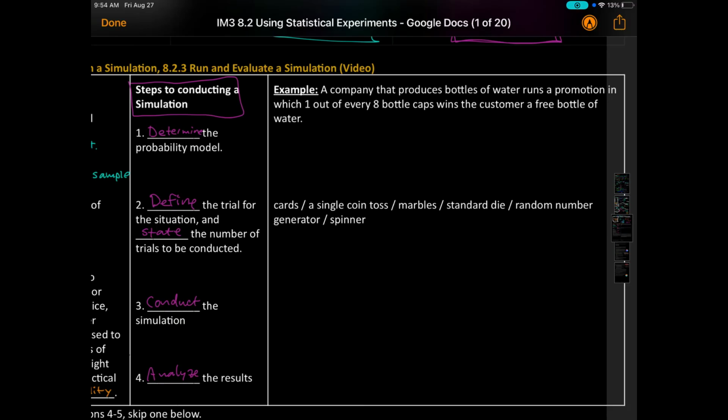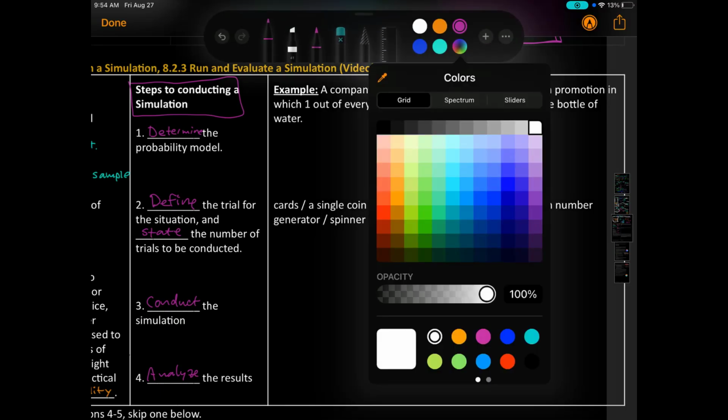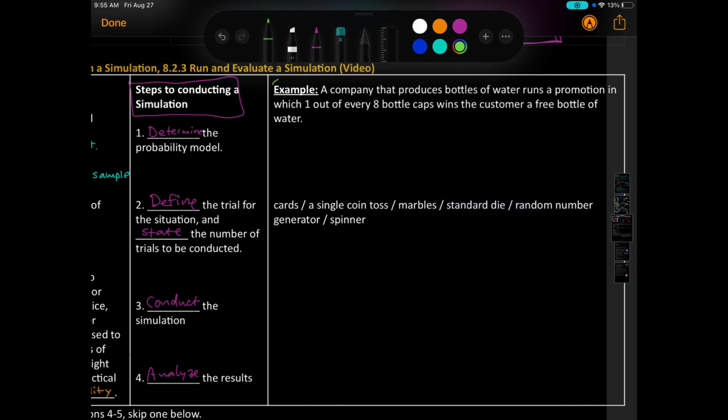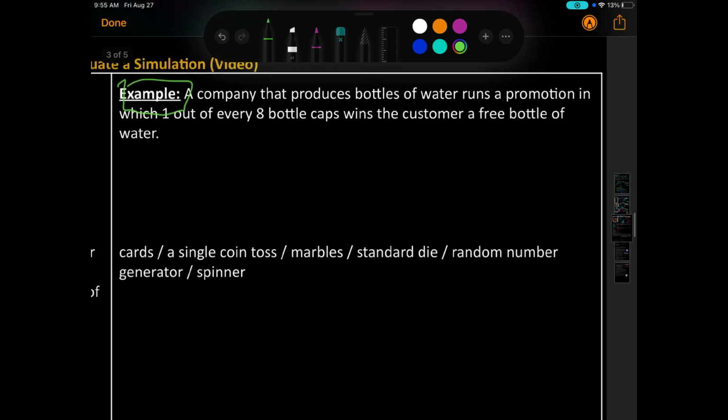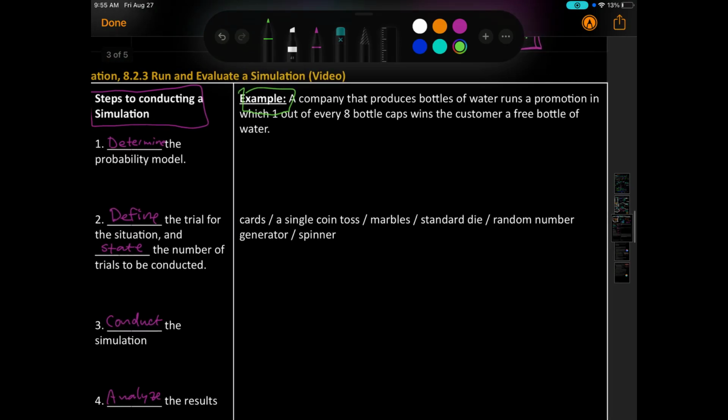All right, let's try this one. Let's try this example over here. A company that produces bottles of water runs a promotion in which 1 out of every 8 bottle caps wins the customer a free bottle of water.